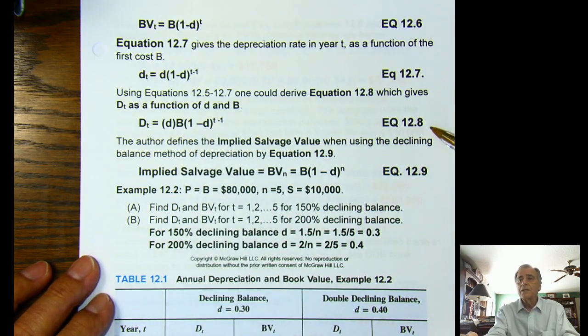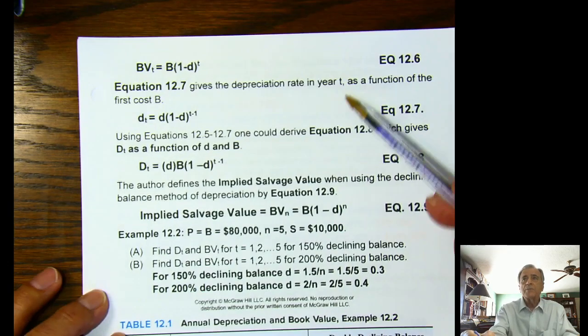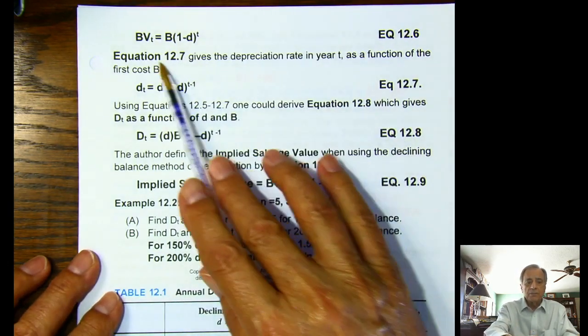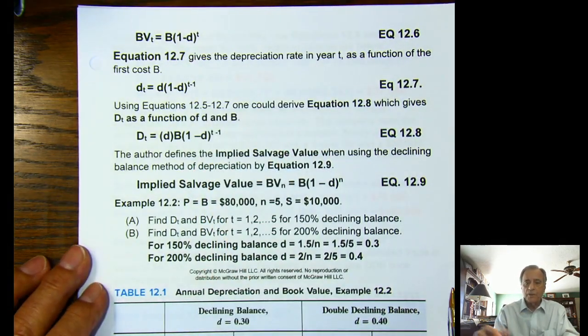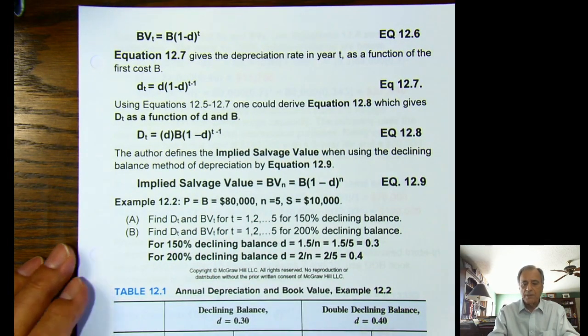That's equation 12.8. So we commonly use this equation to get the depreciation, and then we can use this equation up here to get the book value. So equations 8 and 6 are the most commonly used, I would say.